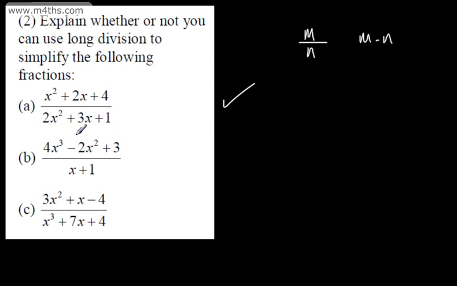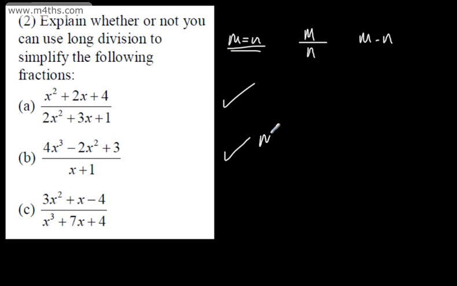Can we use division on this one? Well, the highest power of x in the numerator is 3, or a cubic term. In the denominator it is 1. So this now can be divided, as m, the power here, is greater than n. So on the previous one, m is equal to n, so you're good to go.